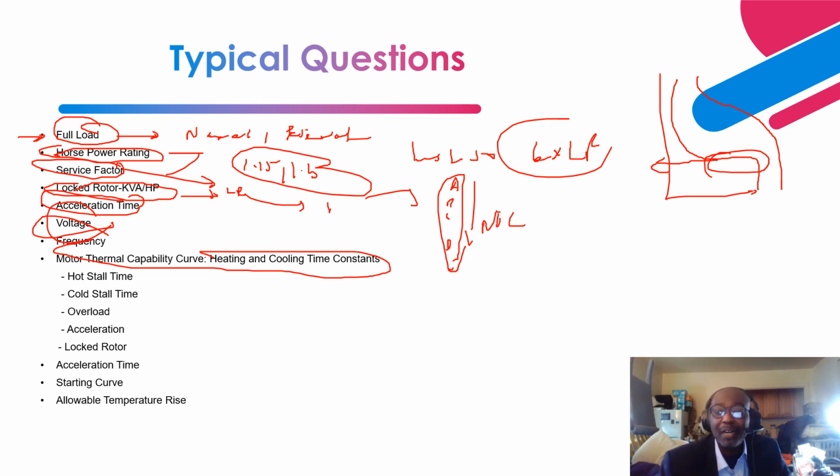So if this is the lock rotor region, you can have the hot and the cold times. Then acceleration, you can have the hot and the cold. So that's how you get all these times and basically to obtain the time constant as well.